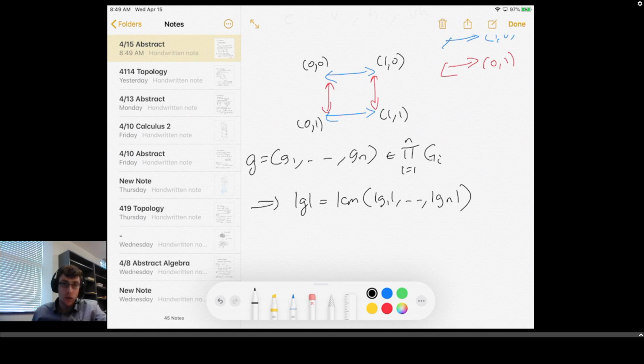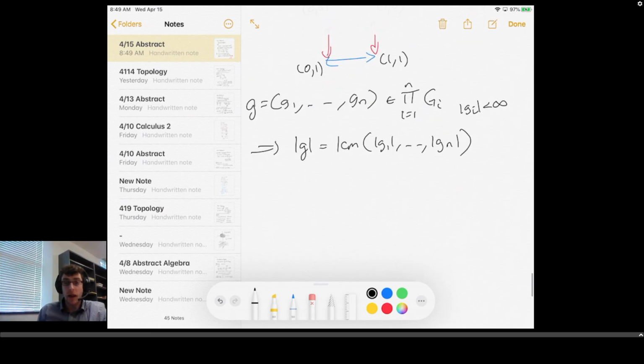So this is obviously where we'll assume that the order of GI is finite in all of these. Otherwise, it's just going to be an infinite order element, similar to what we saw with 6, 6, and 6, 7. So this I'm going to have you try to prove.